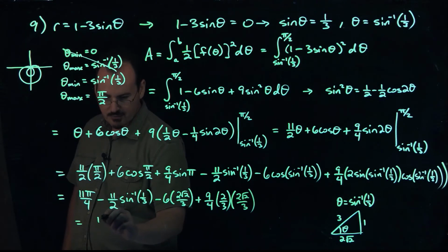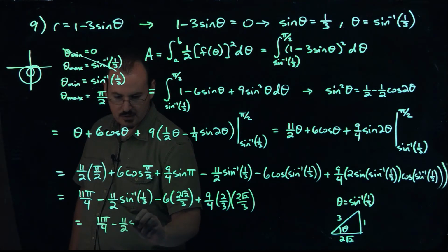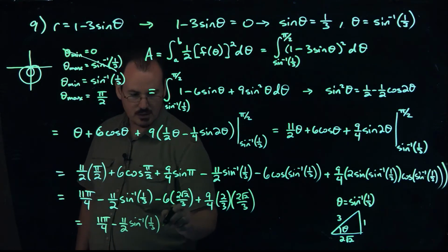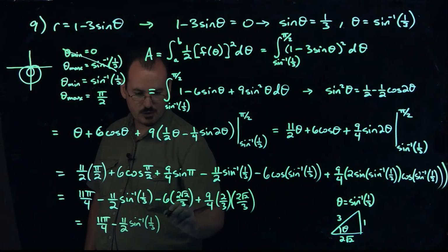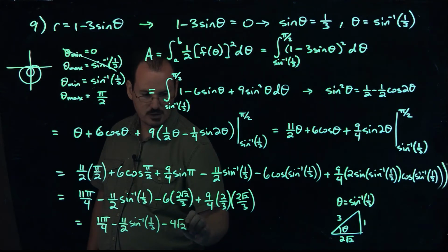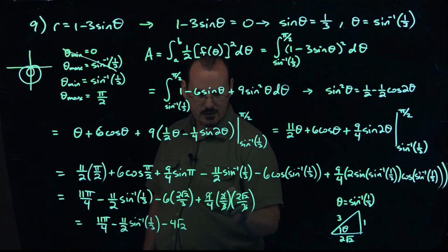We're going to get 11 pi over 4 minus 11 over 2 inverse sine 1/3. 6 over 3 is going to give us 2, multiplying by that other 2 is going to give us 4 root 2. And then here we've got 3 times 3 is 9, canceling with that 9.